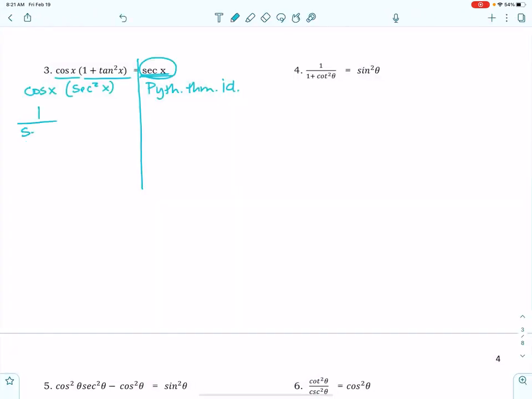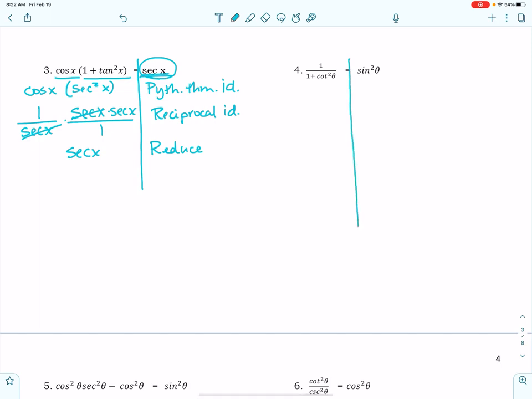So 1 over secant x, and then secant squared x is actually secant x times secant x, so I can just write it that way if that helps you see that you can reduce. So of course, the reciprocal identity enabled me to rewrite cosine, and then of course all I have to do is reduce. Life is good. Okay, let's look at number 4.